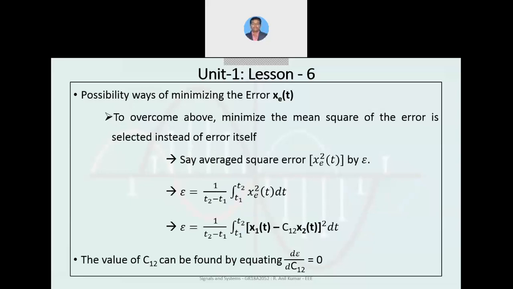You need to rewrite the expression of the error signal in terms of x1 and x2, as we already discussed. After rewriting the expression, we need to minimize c12, so in terms of minimizing c12, we differentiate epsilon with respect to c12 and equate it to 0, as you can see from the expression in the slide.